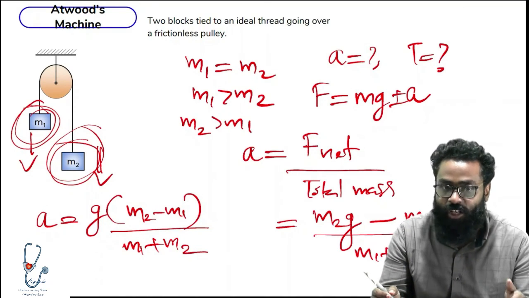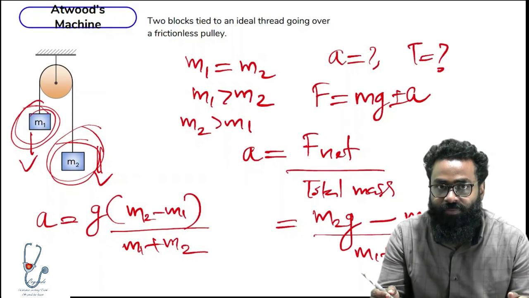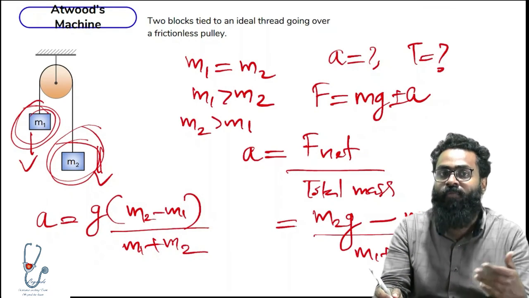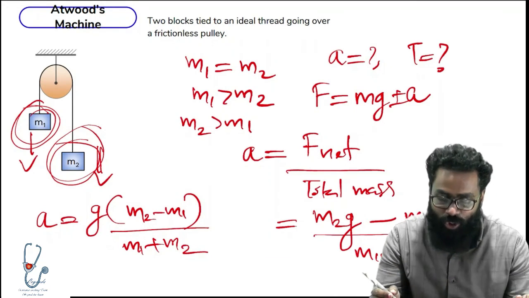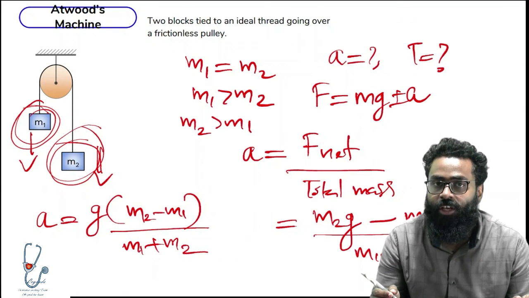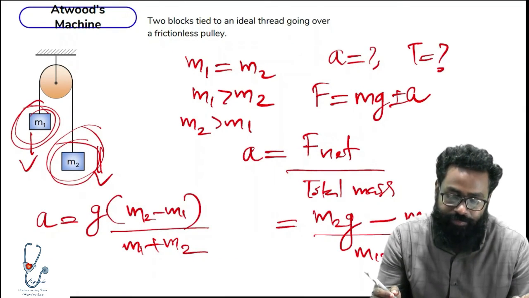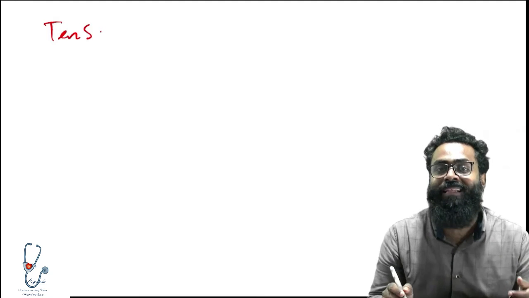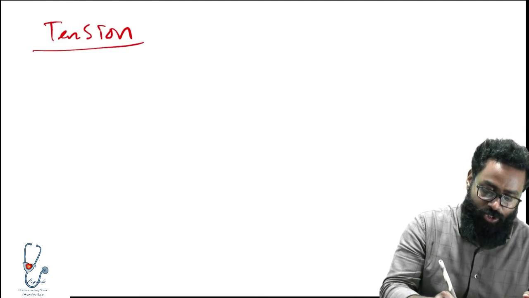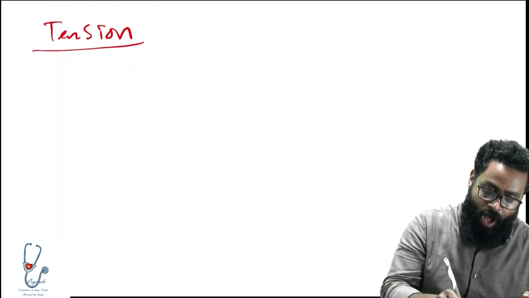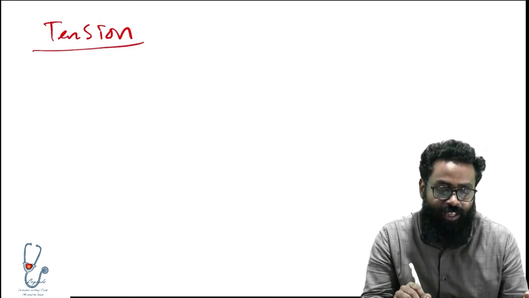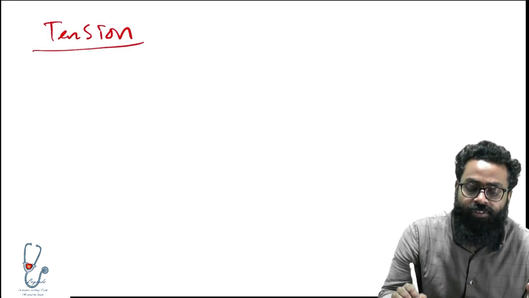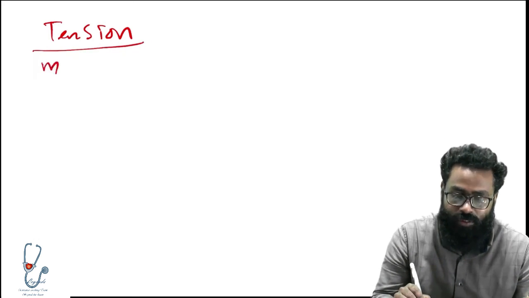That is how to find the acceleration in the body. Next, we have to find the tension in the string. How will we find it? We consider the motion of m1 downwards.